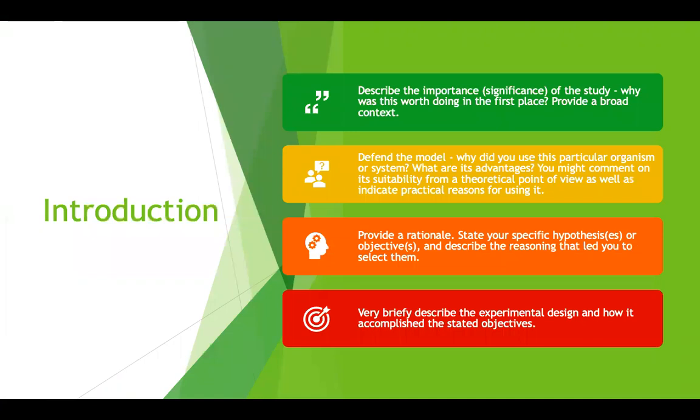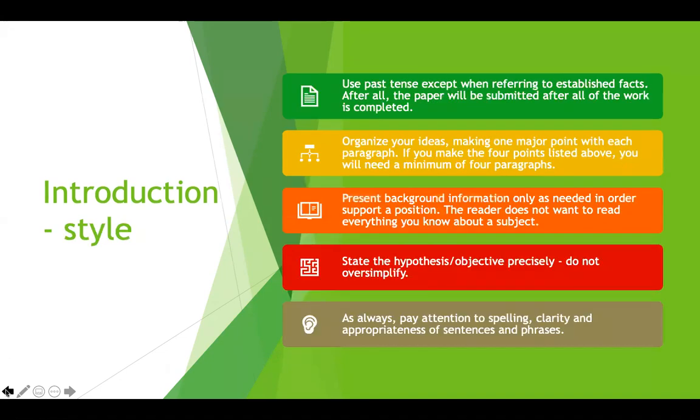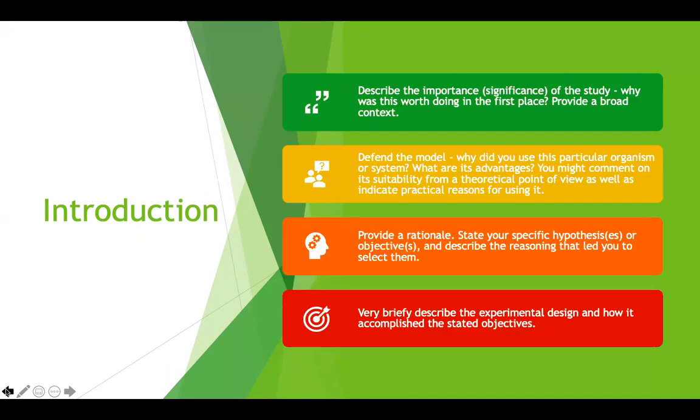So what should be kept in mind is that you should describe the importance of the study, why it was worth doing in the first place, and provide a broad context.